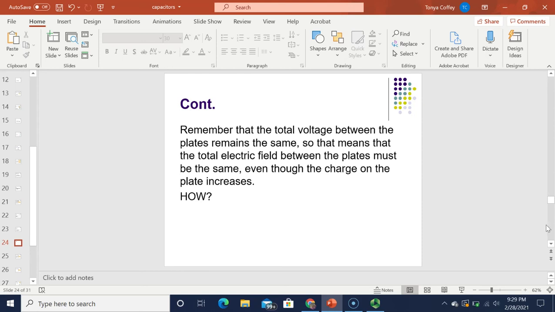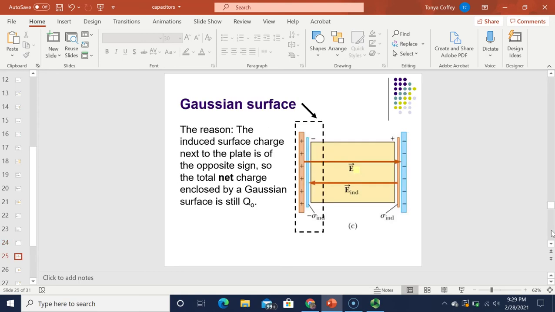Now, how does this all happen? How is this working out? We've got an electric field in between the capacitor plates that has to be the same even though the charge on the capacitor plate goes up. The only way this is possible is because you have that induced surface charge right next to that plate. That induced surface charge on the surface of the dielectric is opposite in sign to the charge on the capacitor plate.